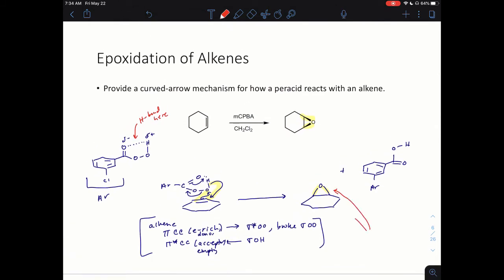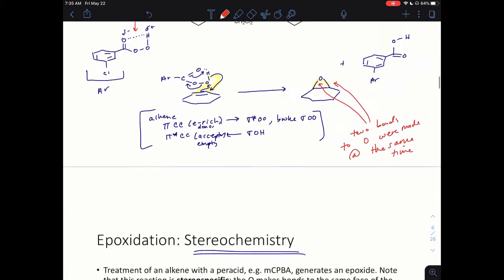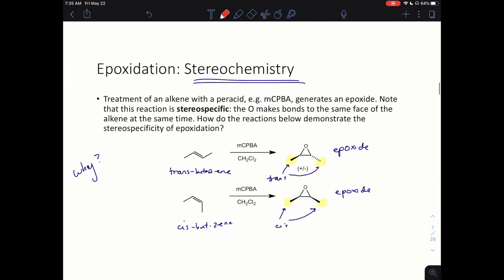So there's no chance while those 2 bonds are being made for any sort of bond rotation, and so the stereochemistry is maintained.